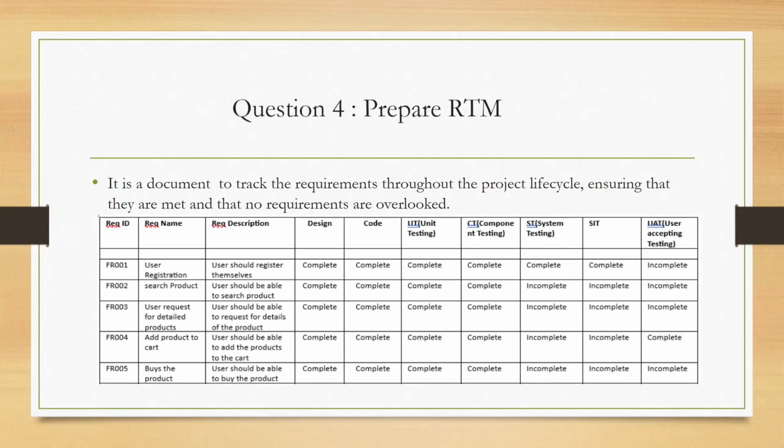And next, the testing parts will be unit testing, component testing, system testing, SIT, system integration testing, and then user acceptance testing. So we will be checking through all the testing phases also.